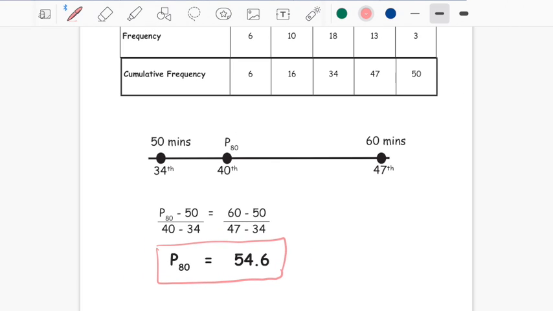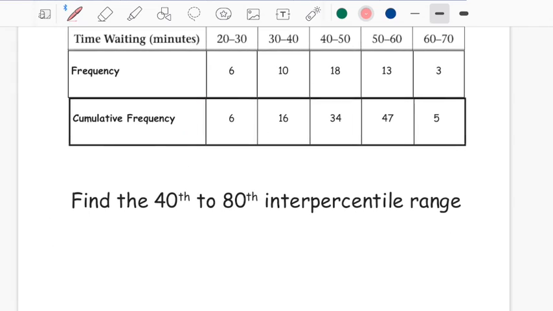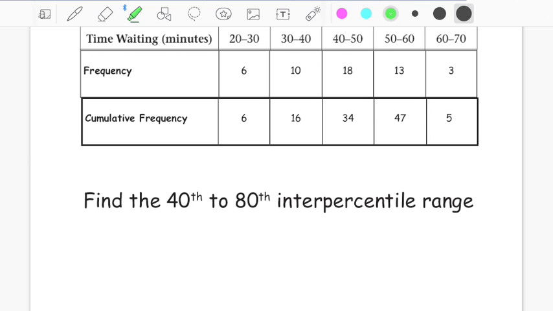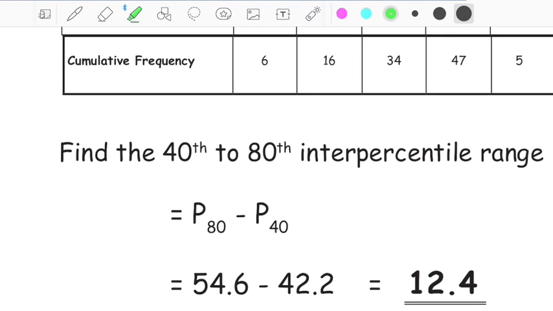All right, let's see next. Now you can get a question like this. They can say, find the value of the 40th to 80th interpercentile range. So this is like an IQR, but the range for the 40th and 80th. So what do I do? Whenever the question asks you this, just take P80 minus P40.